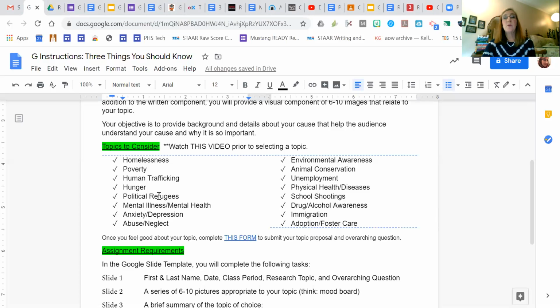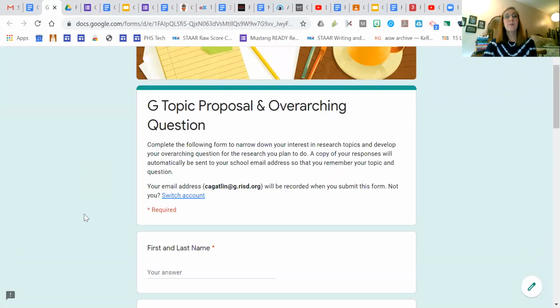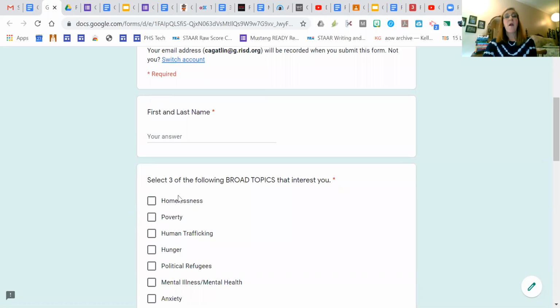So once you brainstorm a topic, there's a Google form here that you're going to submit. This is just so I can know that you're on the right track, so I know you're looking at it. Where it says G, topic, proposal, and overarching question, that just means Gatlin. Your first and last name. You're going to select 3 of these broad topics that interest you.